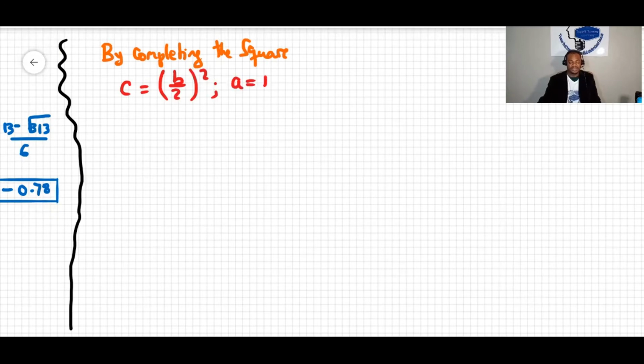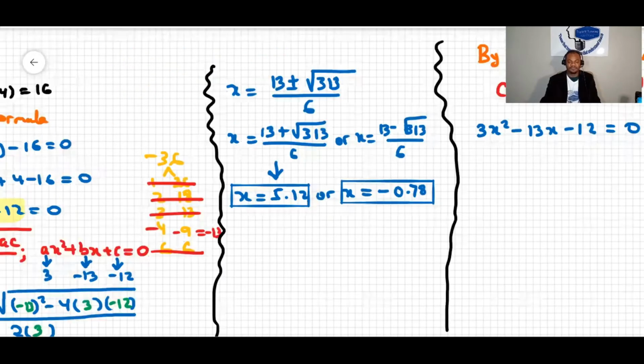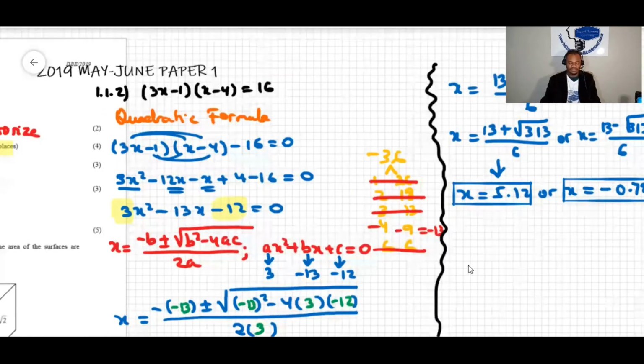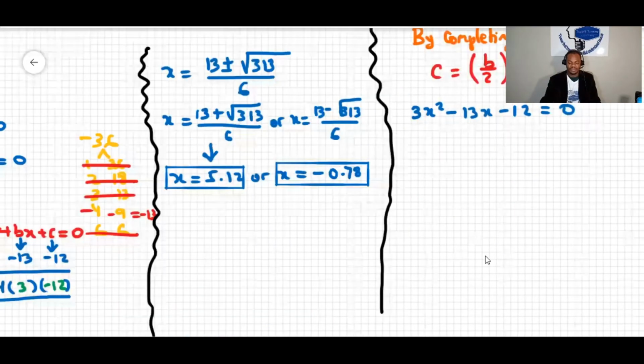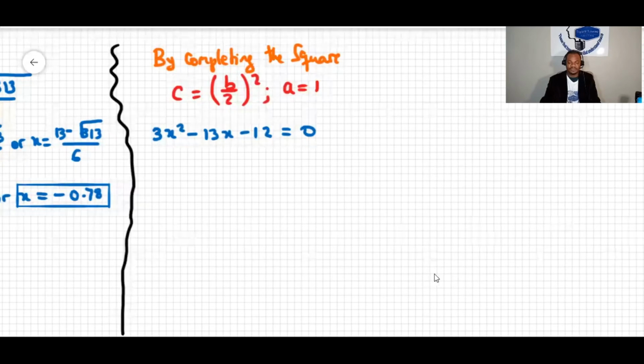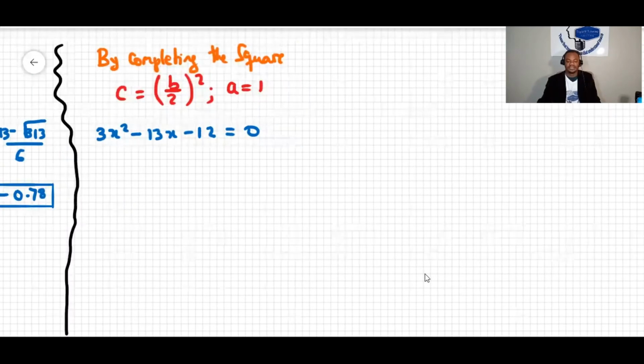Now the quadratic equation, we got 3x squared minus 13x minus 12 equals 0. This is what we had when we simplified the equation. But now you notice that the coefficient of x squared, which is A, is not 1.